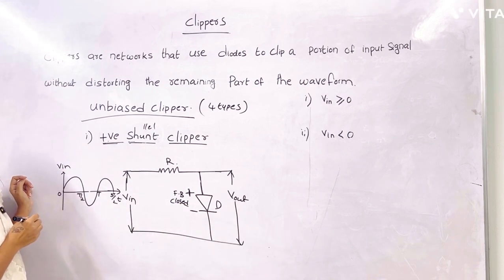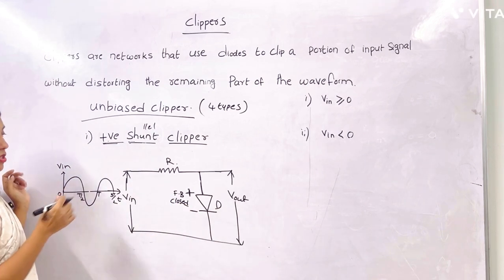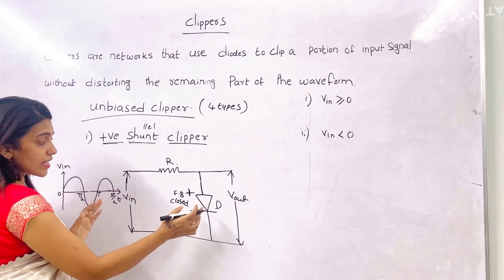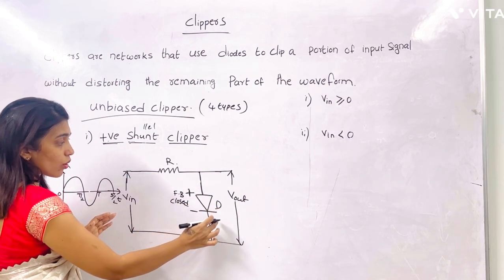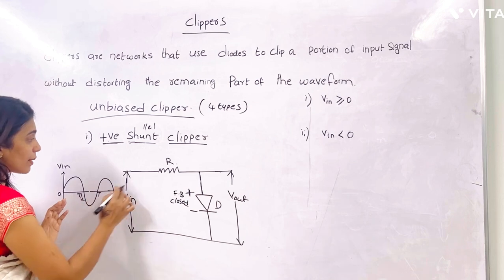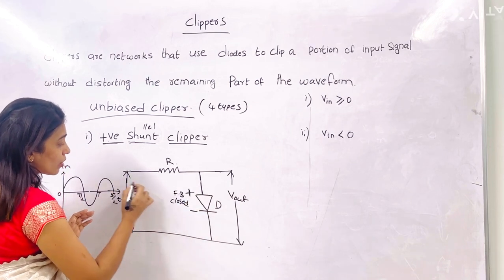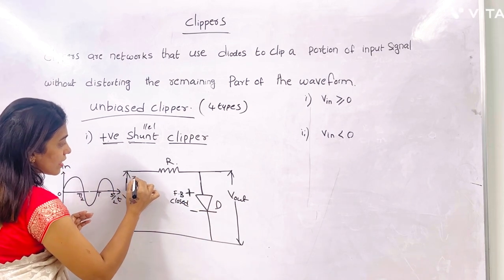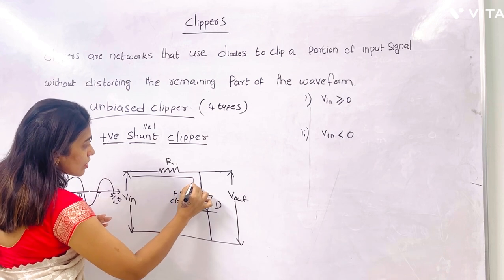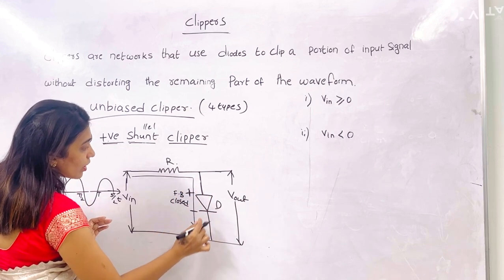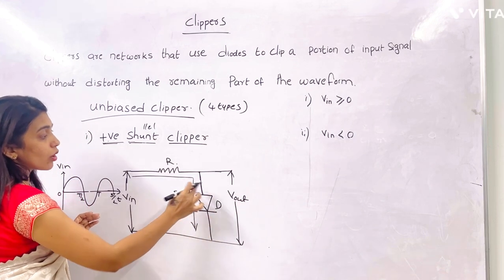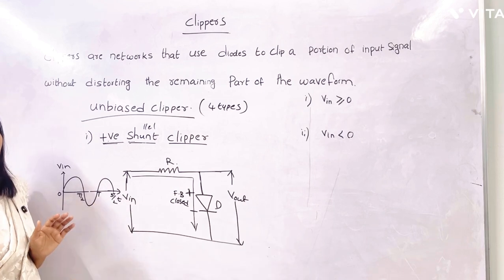In this condition, the total input is shorted to ground. Why? Because this is in closed switch condition.